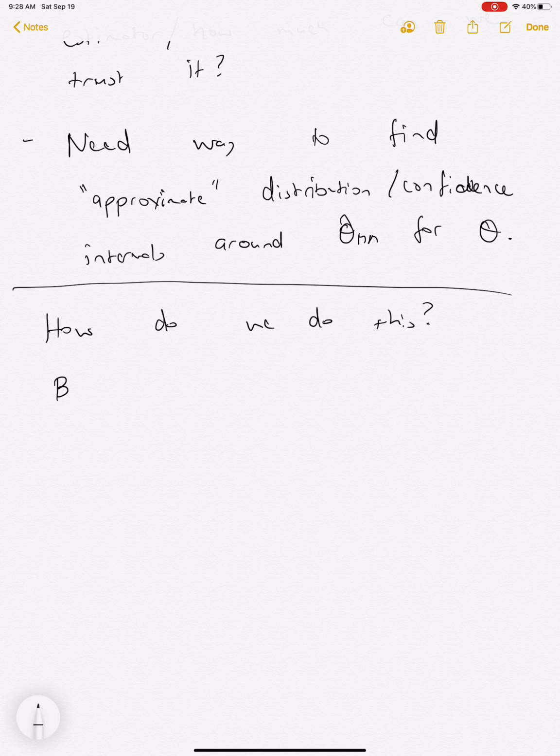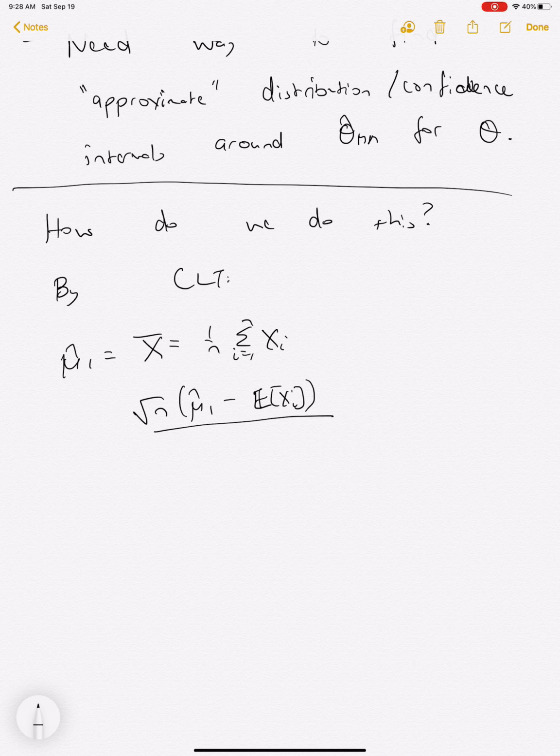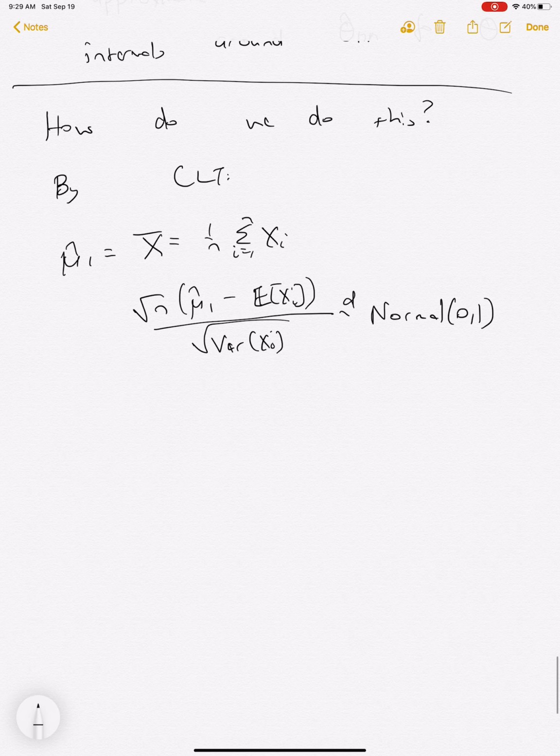So we know that by the central limit theorem, square root of n, so we know that mu hat 1, which is the first moment, satisfies a limiting normal distribution. And so you can also extend that to general k.